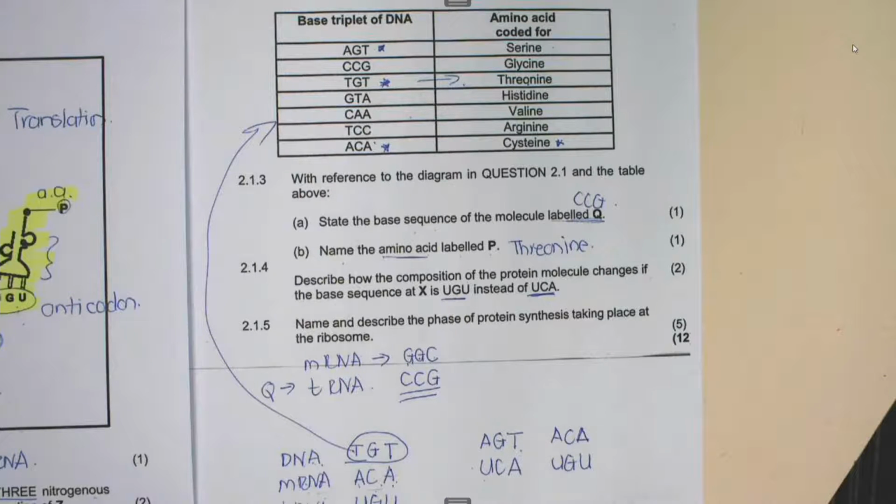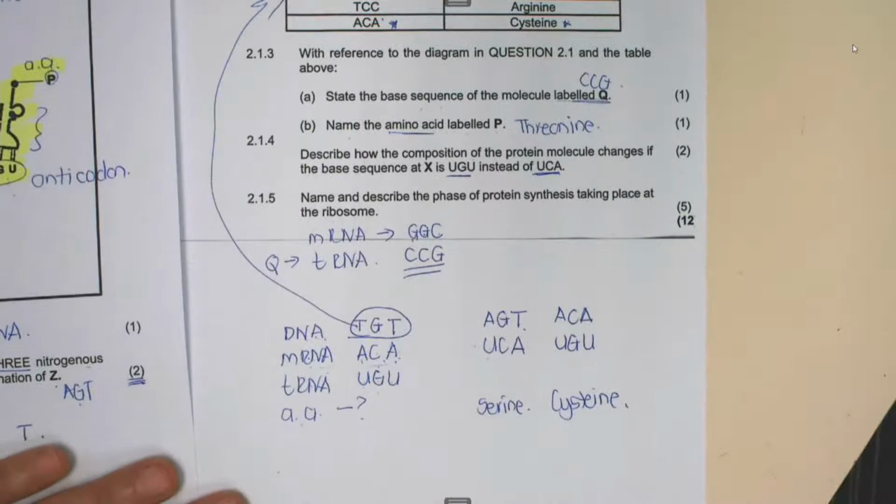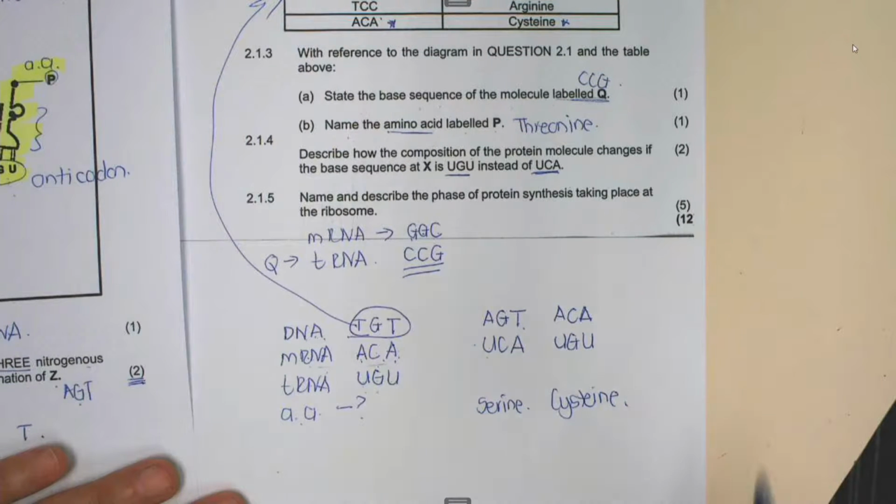And then you say the composition of the protein molecule changes because the amino acid serine is now not the amino acid that is forming anymore, it's now cysteine. So you get your 1 mark there and 1 mark there for explaining what is happening.